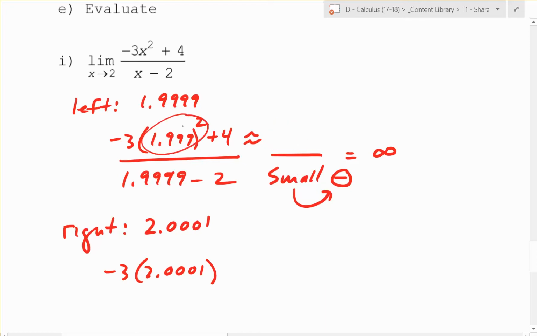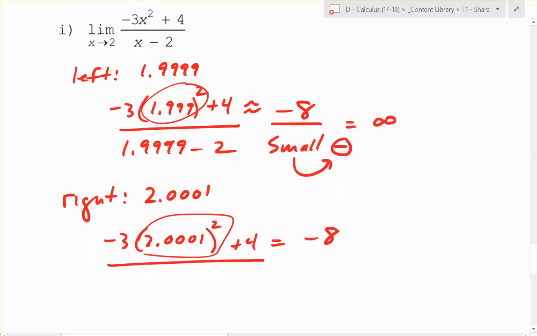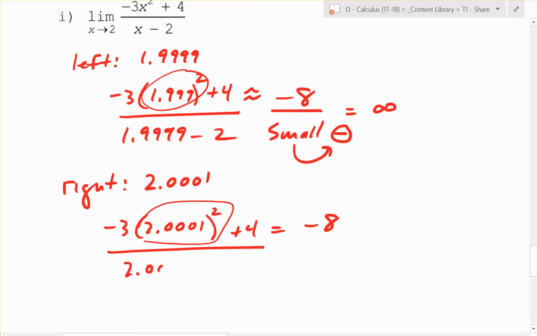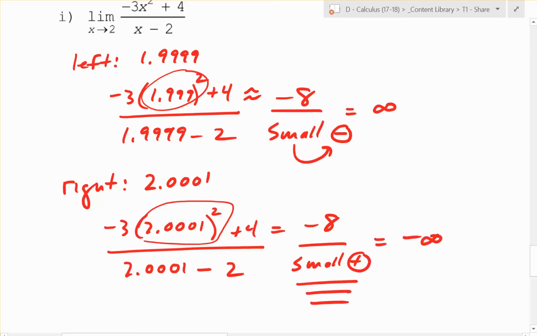So when you square this, you end up with about 4. 4 times negative 3 is about negative 12 plus 4 is negative 8. The denominator, 2.00001, when you subtract 2 from that, that's a small positive number. Well, negative 8 divided by a small positive number is going to be negative infinity.